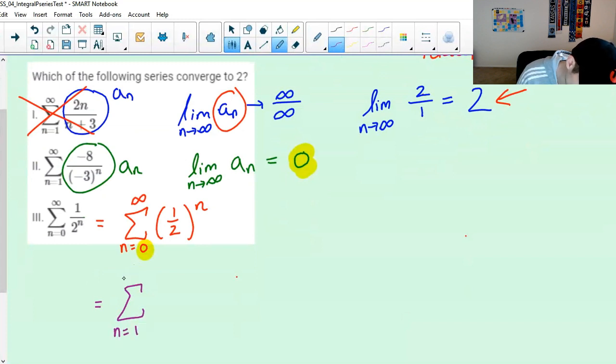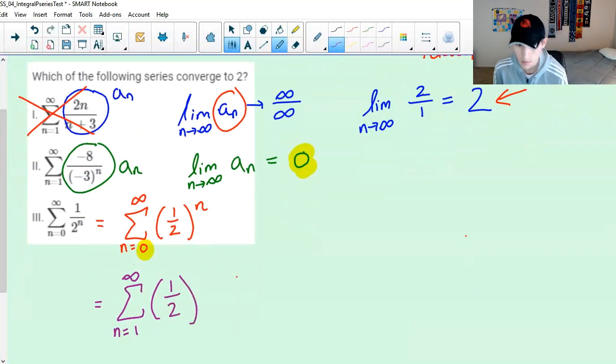So I'll start it at 1, but if I bump that starting place up 1, then I need to account for that in my exponent. So instead of my exponent just being n, my exponent will be n minus 1. That way, if the first number I plug in is 1, I still get that power of 0.